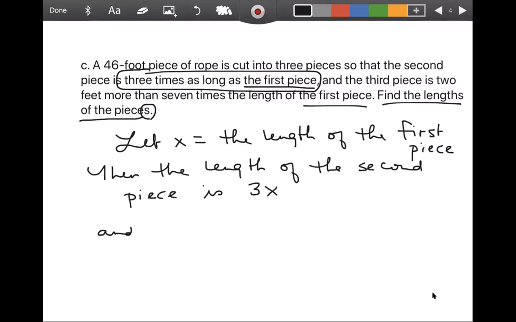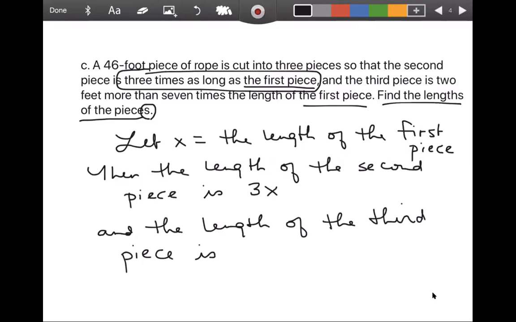And the length of the third piece is 2 feet more than 7 times the length of the first piece. So 2 more than 7 times X is 7X plus 2.